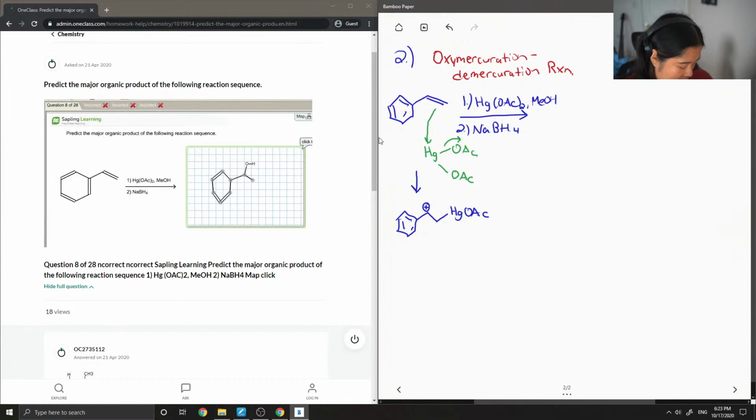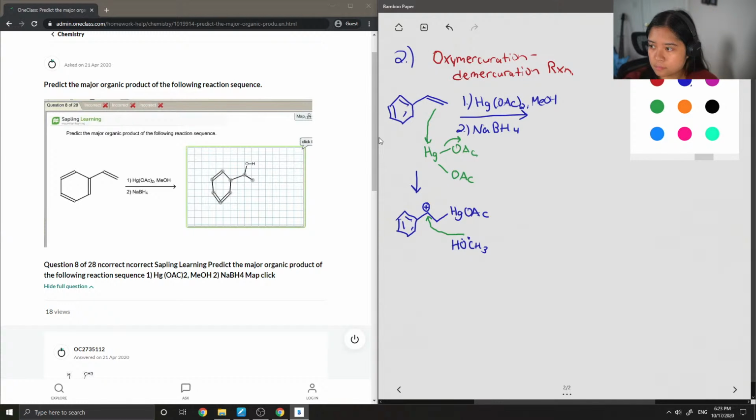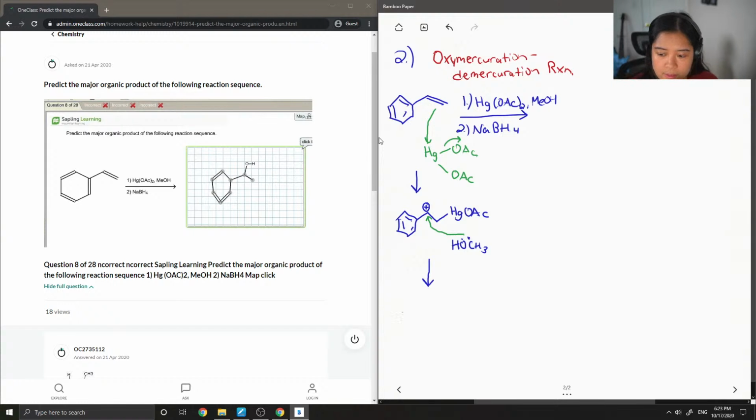So now there's a positively charged carbon there. And basically what happens is one of the methanol groups comes in and tries to neutralize that positive charge. And then you get a compound that looks like that.